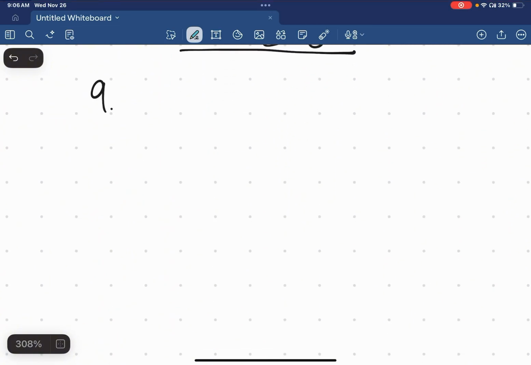Okay, number 9. Number 9 asks us to find the value of each of the following series. So giving us a bit of lighter work this time. Just doing simple math here.